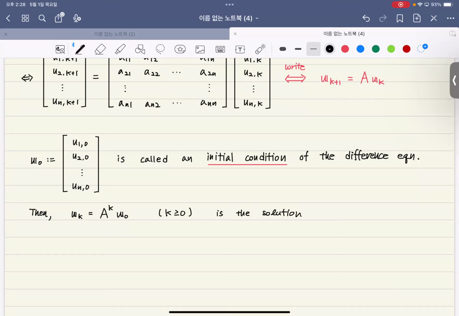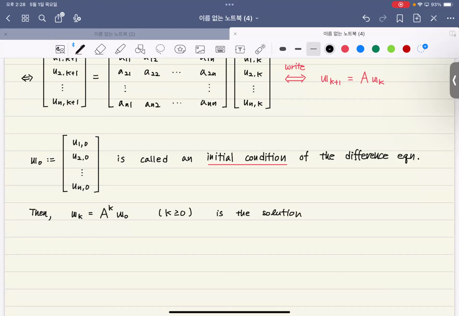Agreed? So for this given difference equation and this initial condition, this must be the one and only solution of that difference equation. Right? Solving a difference equation is very easy.